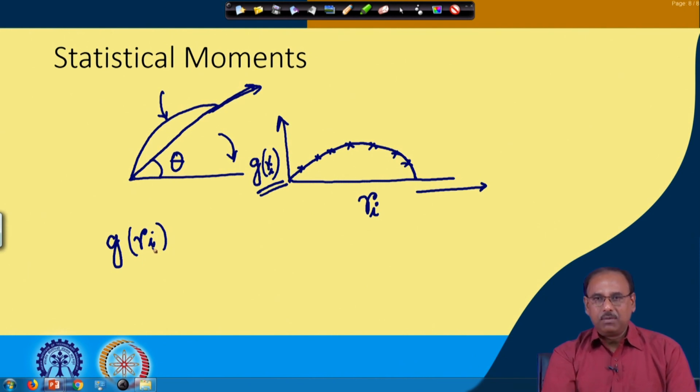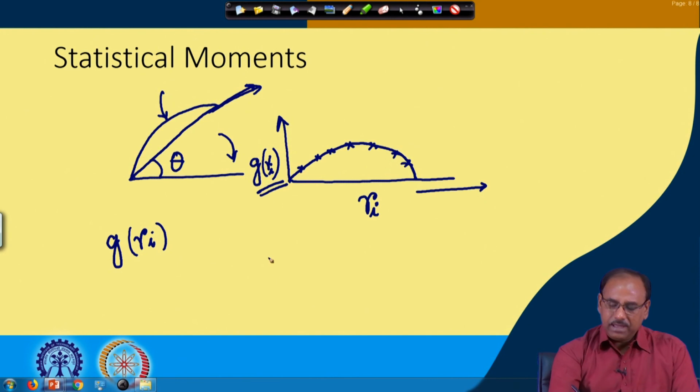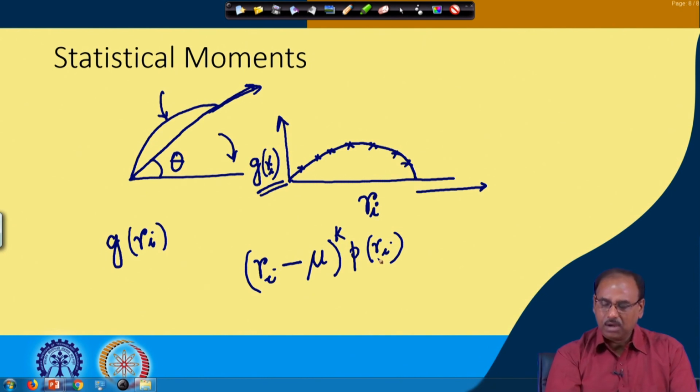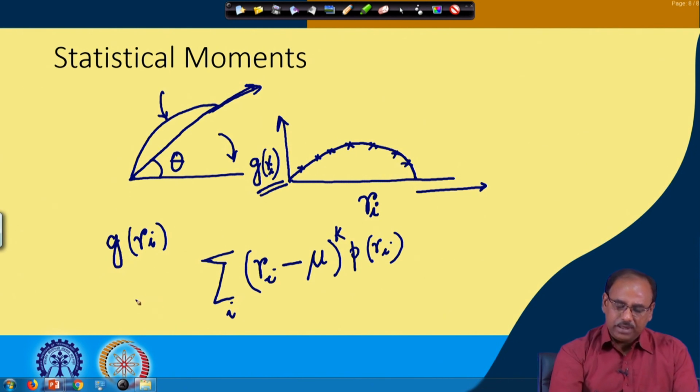So, a statistical moment of order k is given by the summation over all i of (r_i minus mu) to the power k times p(r_i), where p(r_i) is the frequency or probability of occurrence of r_i.